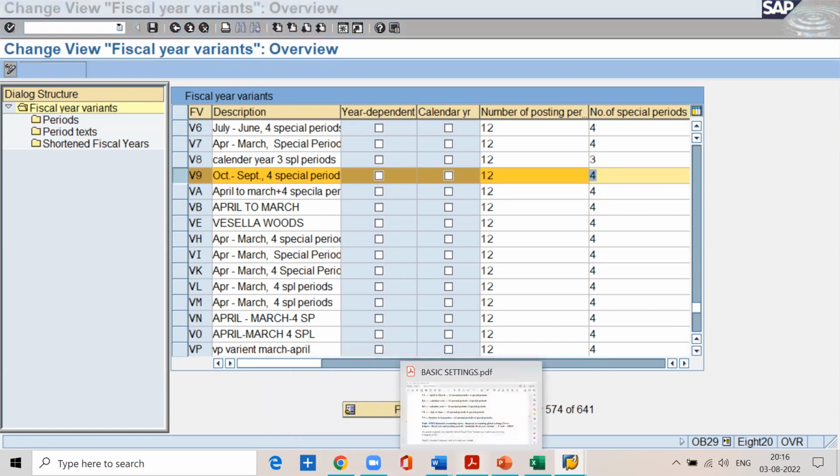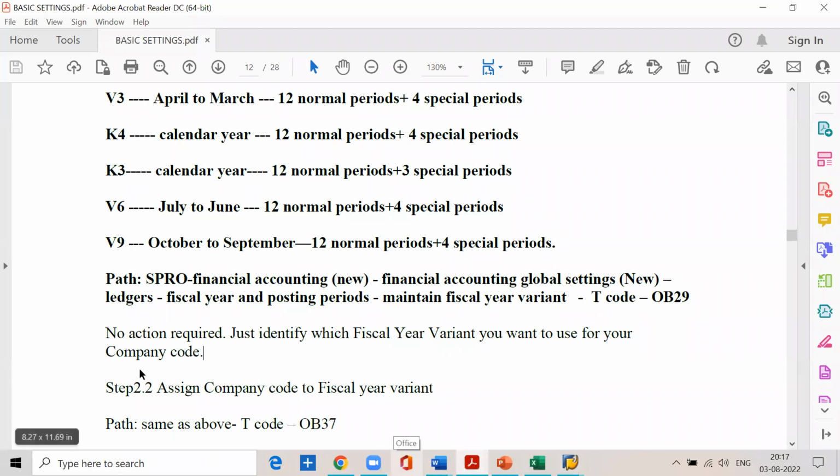Now, write down here. For the non-calendar year fiscal years, we have to define the periods.